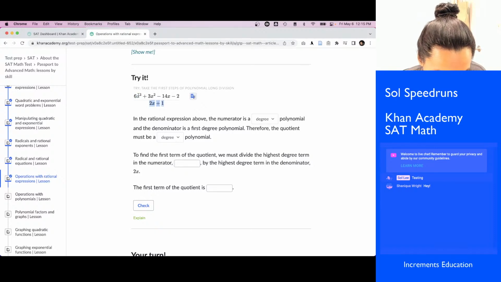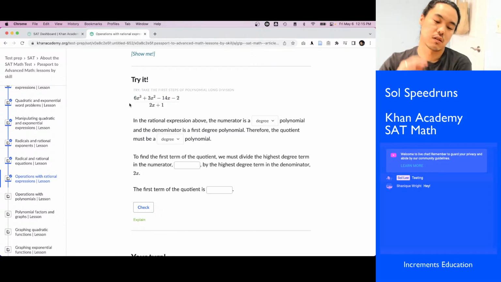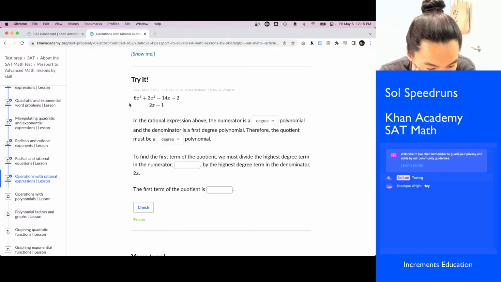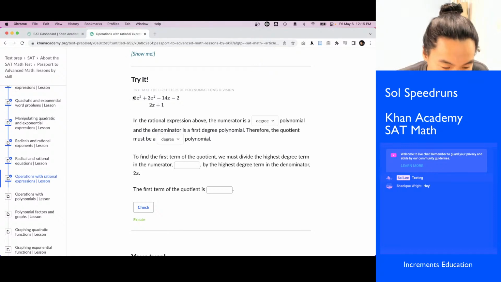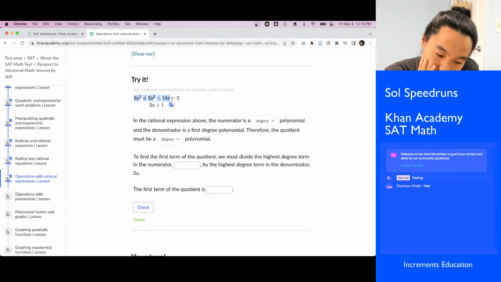So first thing I would do is factor 2 out. No, I wouldn't. Okay, so what would I do on this? Maybe I'd factor that x out, so then I would get 6x squared plus 3x minus 14.